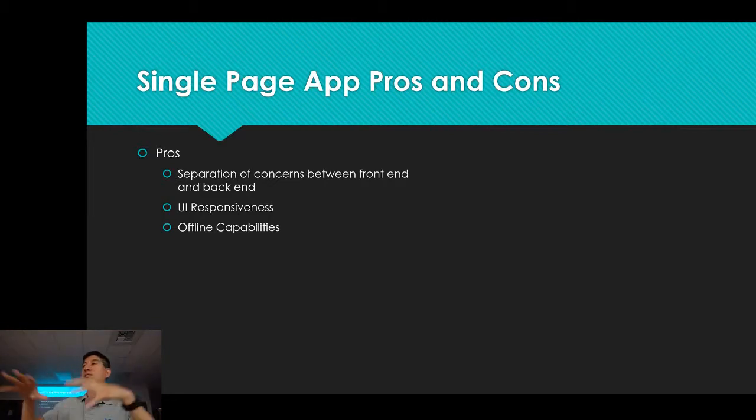Because all of these things are separated from each other, it gives you a lot of flexibility in working on things independently without worrying too much that a change in one thing is going to impact the other thing. So that's a huge difference between the MPA model, where everything was just stuck together into one thing. The other pro here is UI responsiveness.